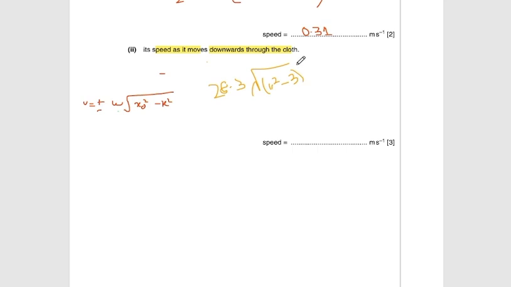It's up to you. You multiply this with 10 raised to minus 3, and the answer that you should be getting is 0.3. And this is it for question number 3.